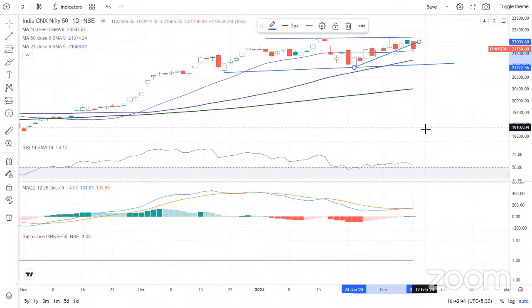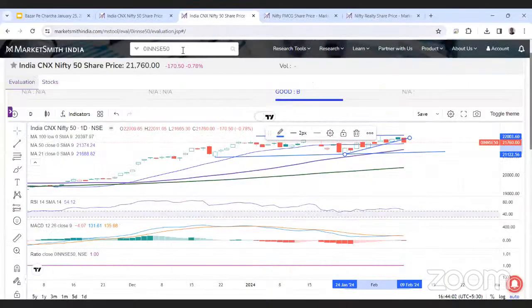Obviously, if things improve or change, we will change our opinion also, and we will try to update you as soon as possible. But currently it looks like it may remain traded sideways with a little bit extended negative bias in Nifty 50.